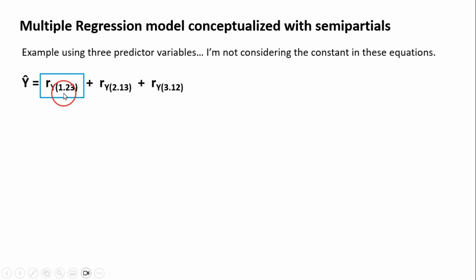What that subscript is telling you is that R is the correlation between Y and the first variable in the equation, where the influence or shared variability of variables 2 and 3 have been partialed out of the first variable.